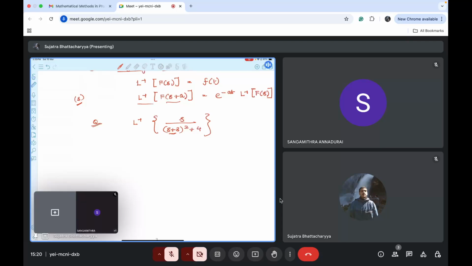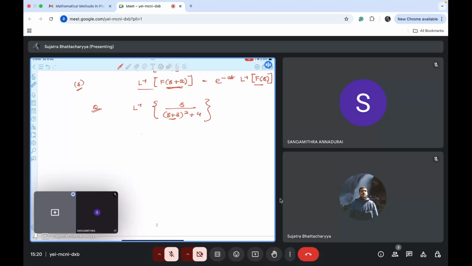Okay. So now, very clearly, you have F of s plus a, right? Now, but what can we write about the F of s from here? So simple is that you will not have this s plus a part, right? So it will be something like this. F of s can be written as, or just a minute, let me show one more thing.